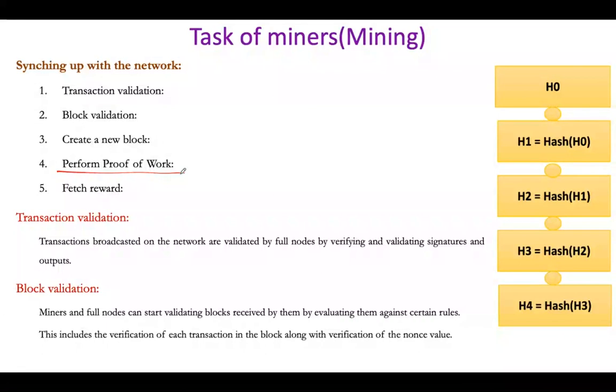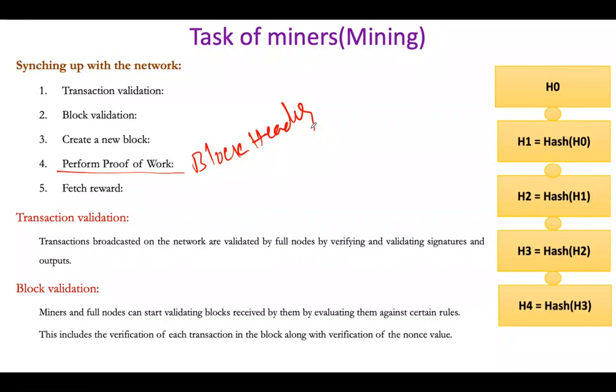This task is the core of the mining process, and this is where miners find a valid block by solving a computational puzzle. As we saw, the block header has the difficulty.